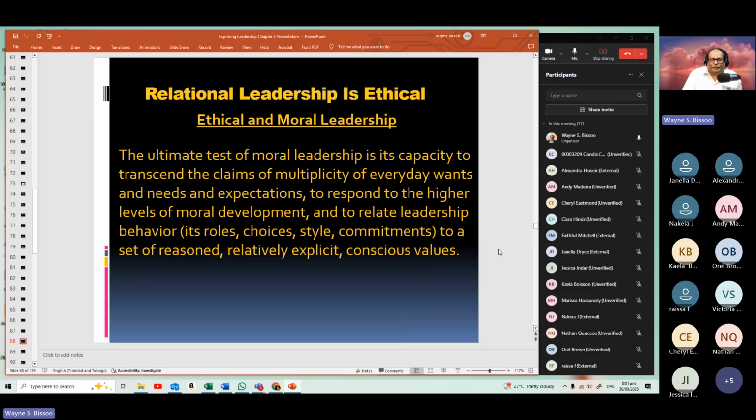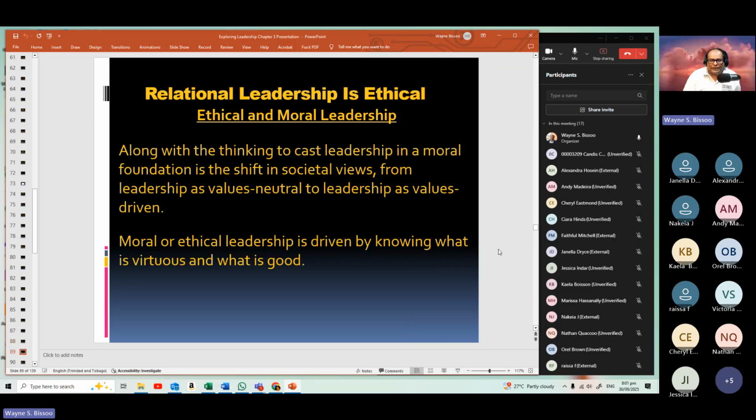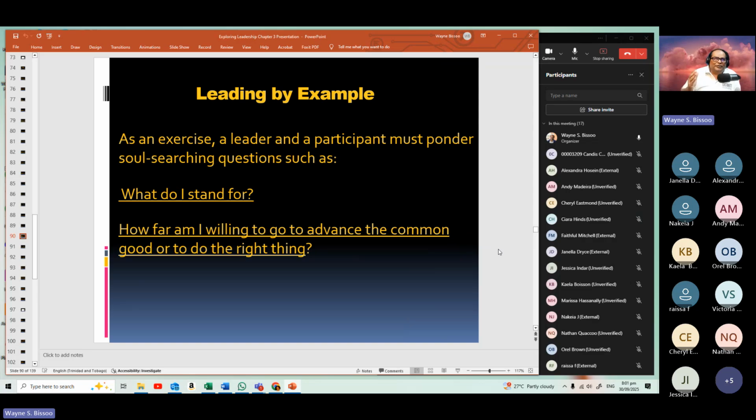So we get the point that they're trying to make with this, right? Moral values and their importance. The issue here is that we have to pay attention to where you are. First off, you have to start by looking at your own value systems. What do I stand for?